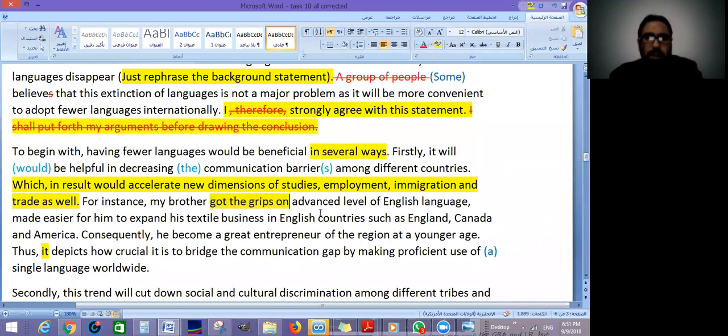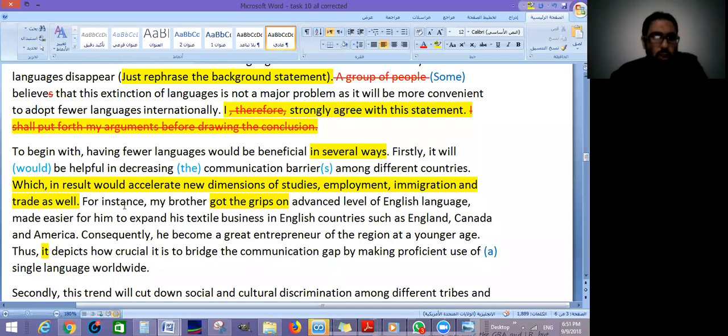Maybe "got a control over advanced level of English." I can't think of anything. I'm going to continue. I don't want to take too long on this. Level of English made easier for him to expand his textile business.